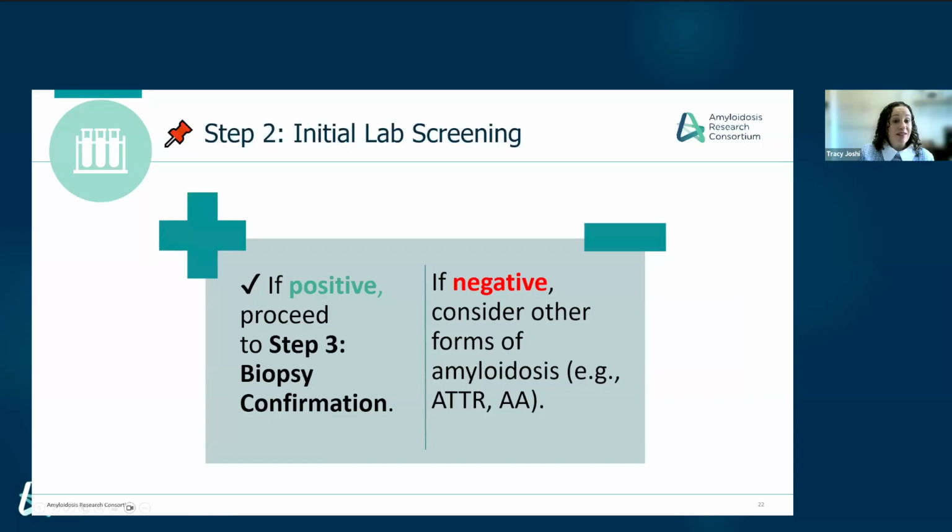So if the test results are positive, you move to step 3 and get a biopsy to confirm the amyloid deposits. If the tests are negative, consider other types of amyloidosis like ATTR or AA amyloidosis, which require a different diagnostic approach.